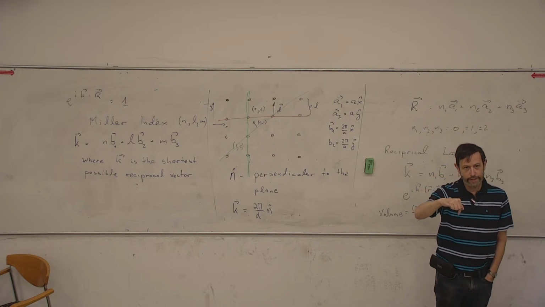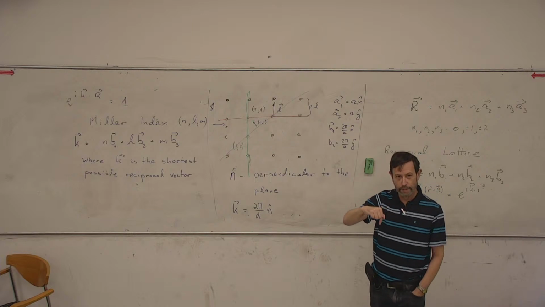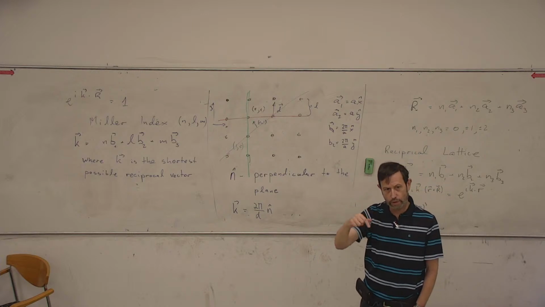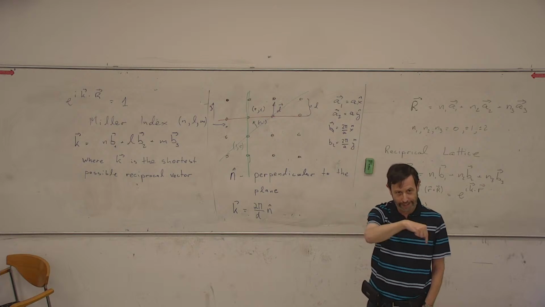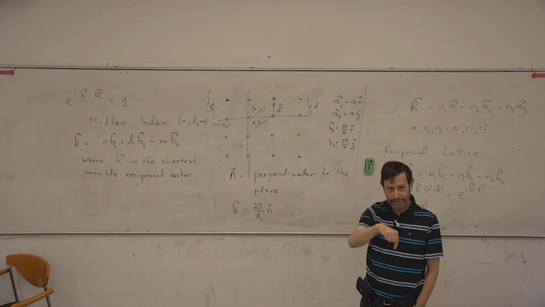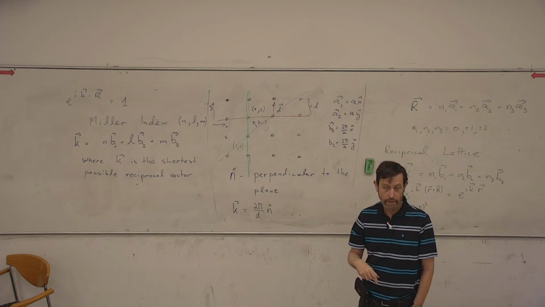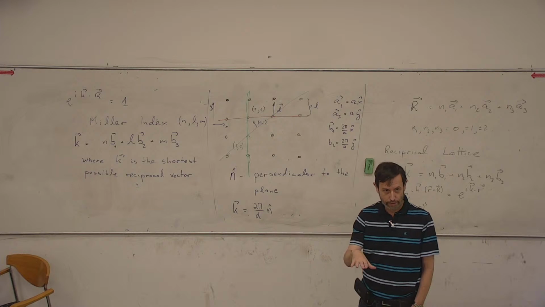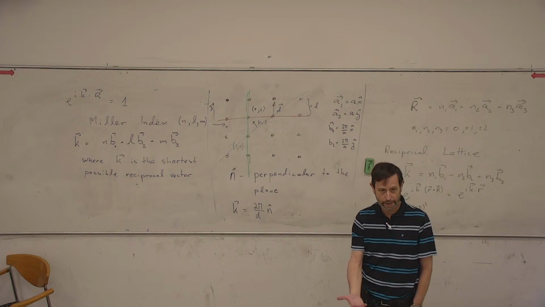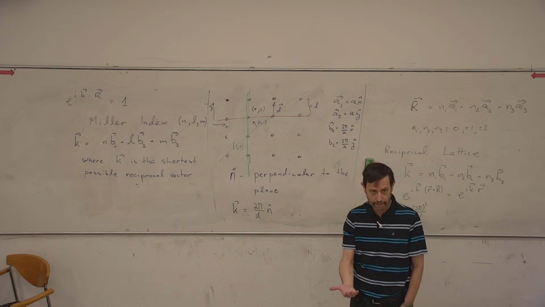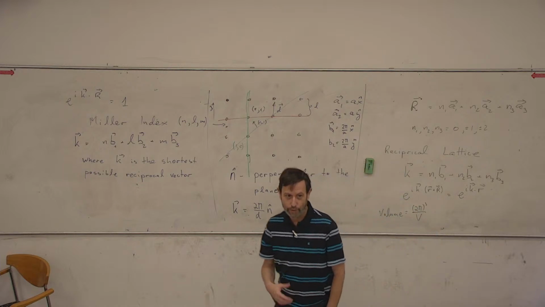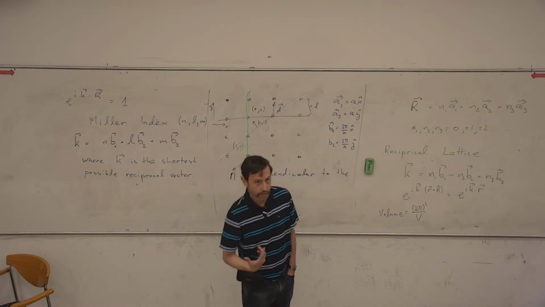If you're exactly on an atom, the current is usually larger. If you're in between, it's smaller, so you can just scan it and get a picture of the atoms. Well, that's the surface. It tells you something about the surface. It doesn't give you information about what's happening inside. That's today's technology.